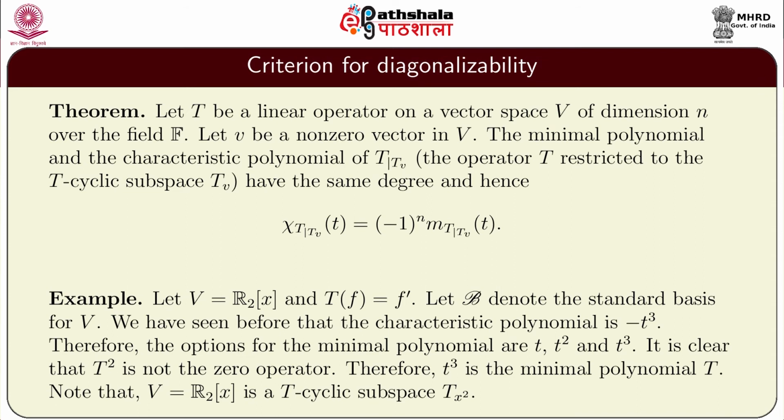and we know that the minimal polynomial of T is a monic polynomial and it must divide the characteristic polynomial. Therefore, the options for the minimal polynomial are t, t square and t cube. We also know that the operator T satisfies the minimal polynomial.